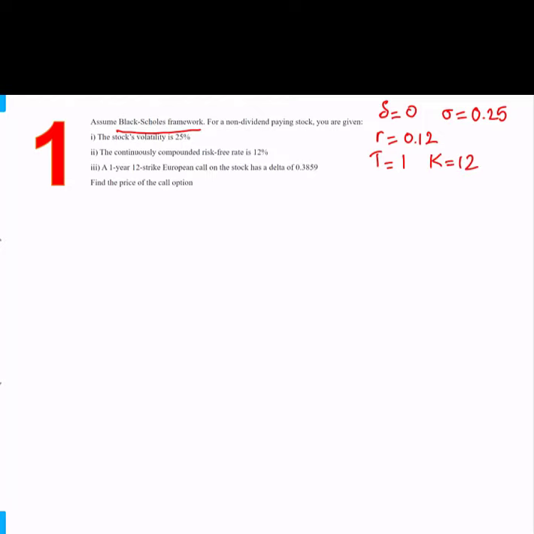The strike is 12. And the delta of the call is 0.3859. The question asks for the price of the call option. Now we have finished summarizing the question.